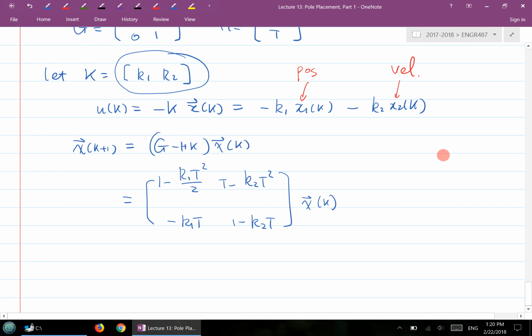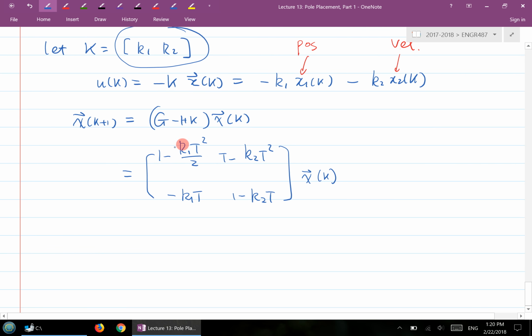The idea, of course, is that we want to choose certain K1 and K2 so the poles of the system, or the eigenvalues of this matrix, are within the unit circle. So let's take a look at the eigenvalues of the system. We can calculate the determinant of zI minus (G minus HK), the closed loop, to obtain the desired characteristic equation.